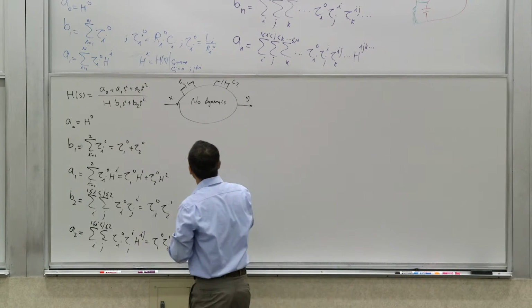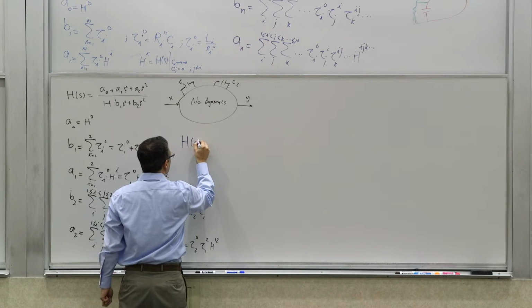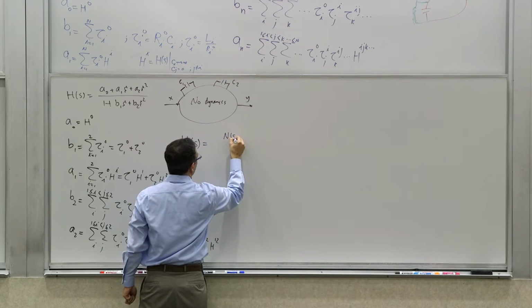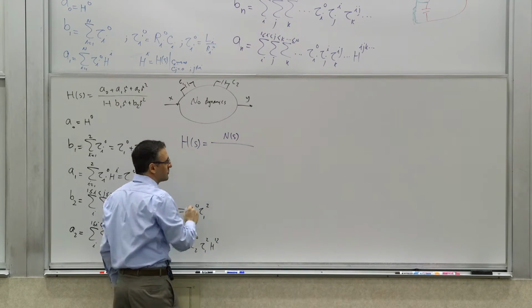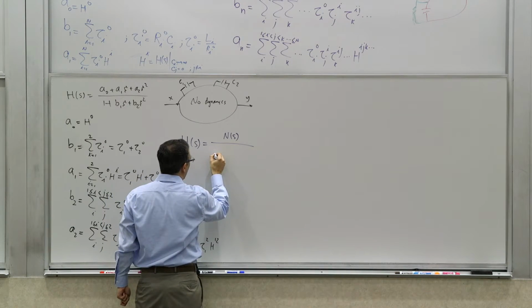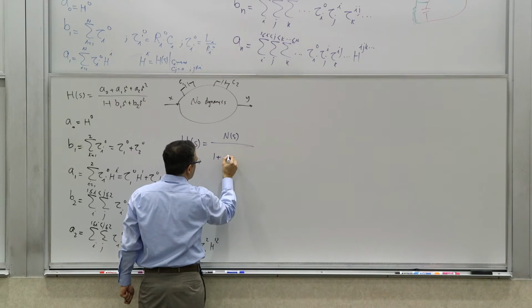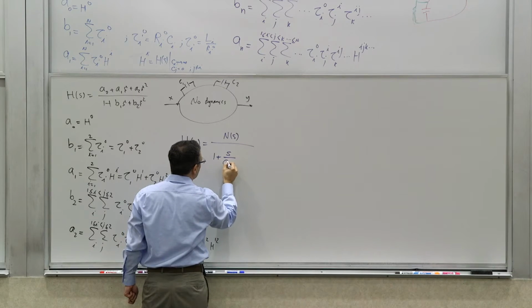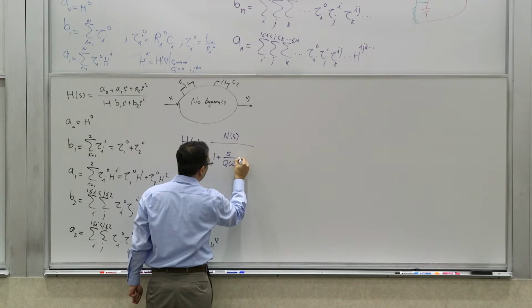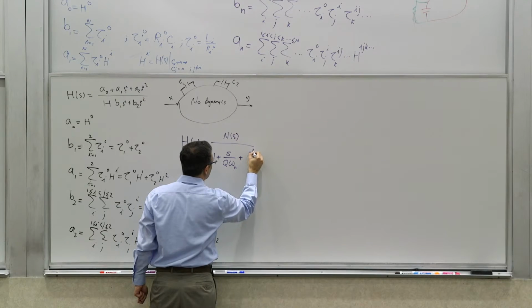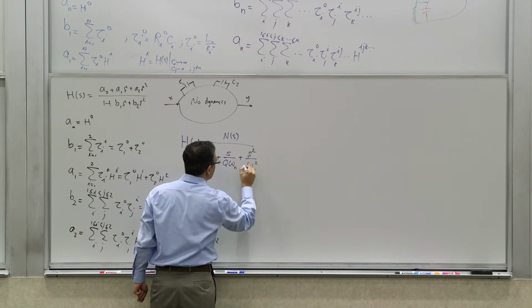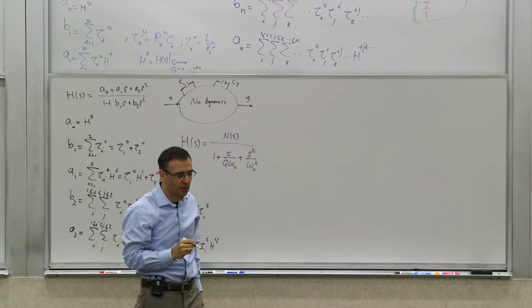More explicitly, H of s can be written as some numerator function, which we'll not worry about for now, divided by some gain, 1 plus s over Q omega n plus s squared over omega n squared, right?